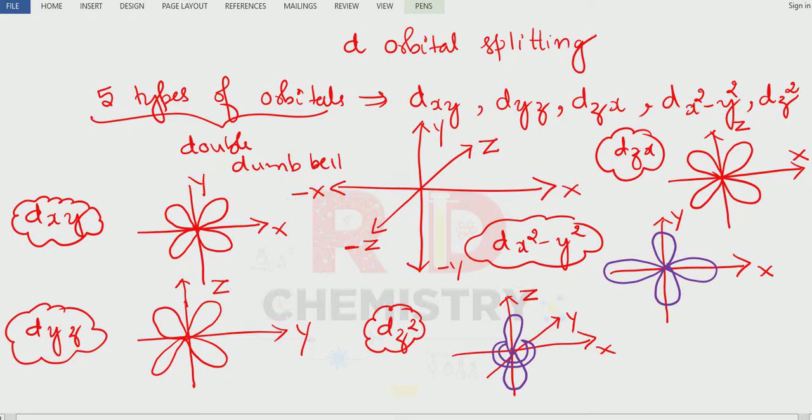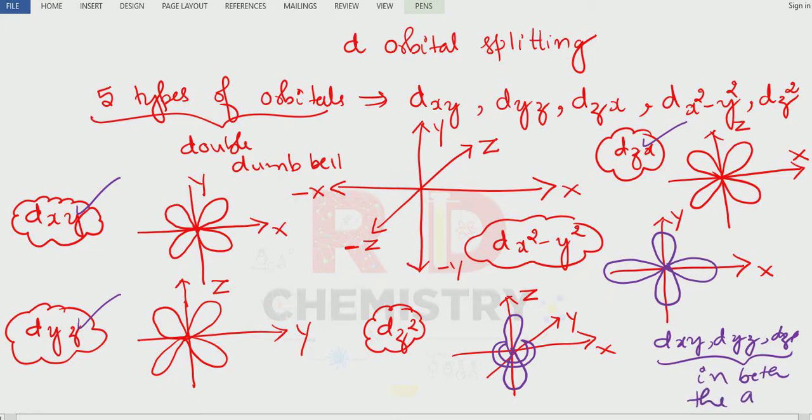Now see here, in the first case dxy, second case dyz, third case dzx, these 3 have lobes in between the axis. Remember this one, in between the axis.